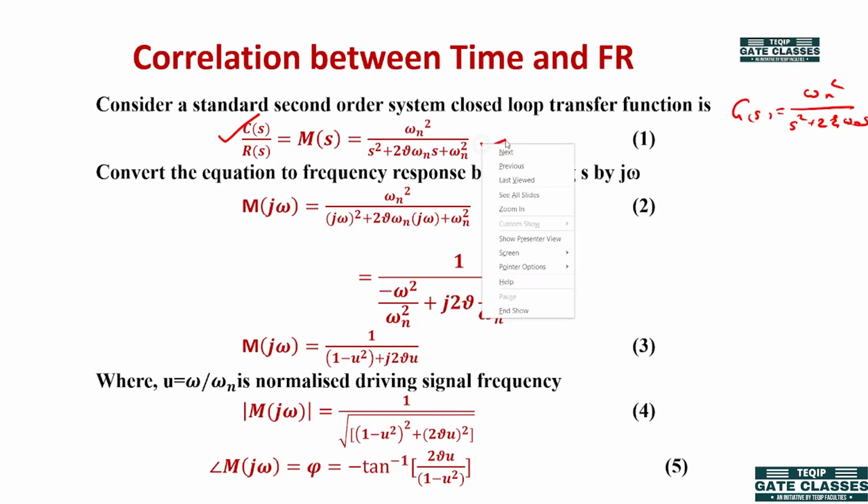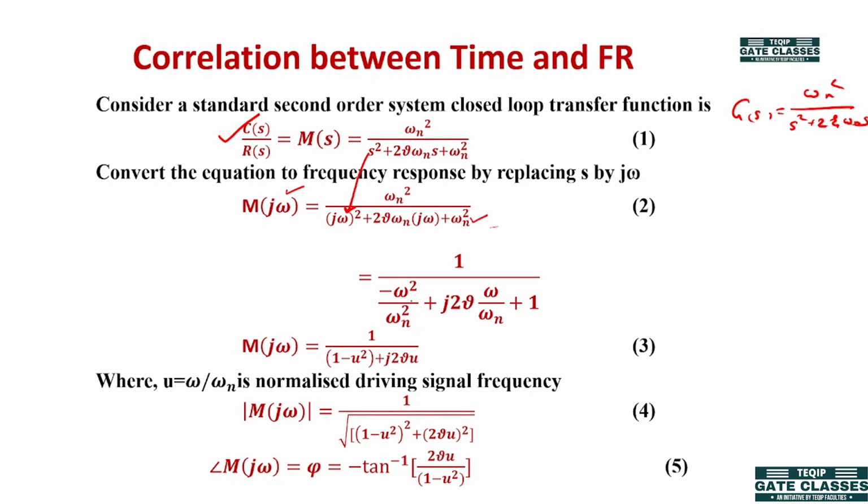From this we can simply get the frequency response by replacing s by j omega. So we get M(j omega) equal to omega n square upon (j omega) whole square plus 2 zeta omega n j omega plus omega n square.